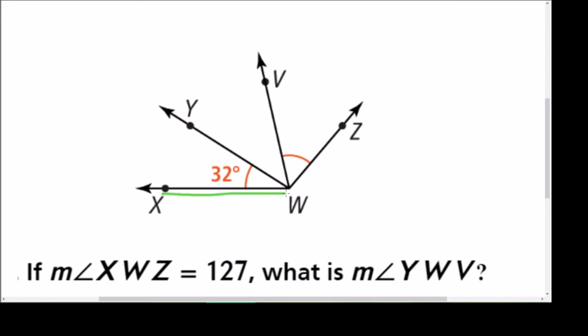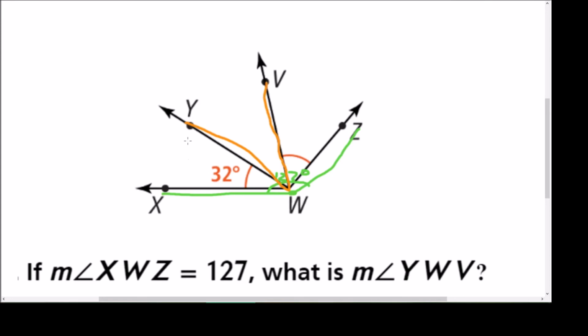XWZ, remember W being the vertex, XWZ, this entire green angle is 127 degrees. What it wants to know is what is the measure of angle YWV. So that's going to be YWV.